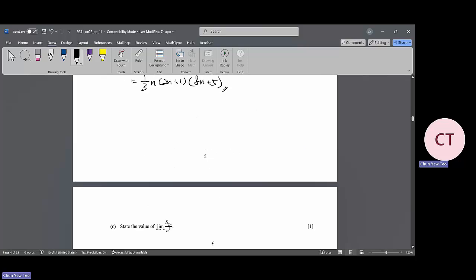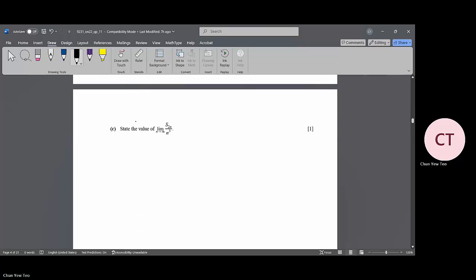Now we move on to the C. C, they are asking us to find the limit of n approaching infinity of S2n over n cube. So this will be the limit of n approaching infinity, 1 over 3n, 2n plus 1, and 8n plus 5, divided by n cube.